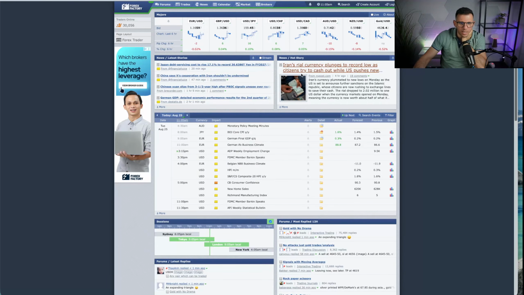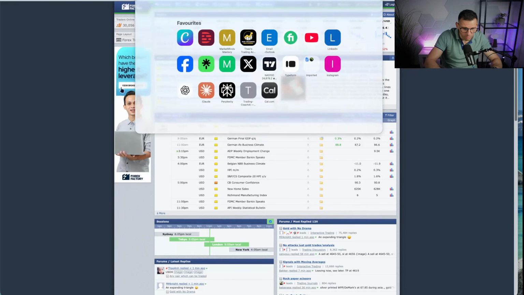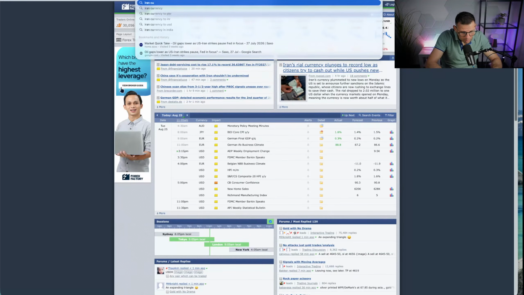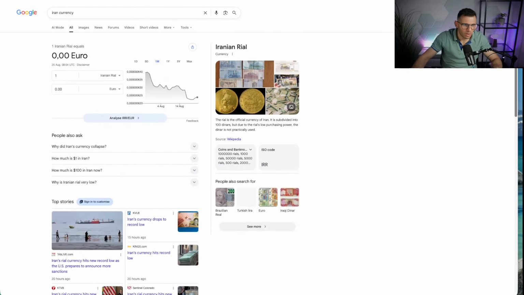Actually, Iran's rial currency plunges to record low as citizens try to cash out while US pushes new sanctions. What is this now? Iran's currency plunged to new lows on Monday as the US. So which one is Iran's currency?